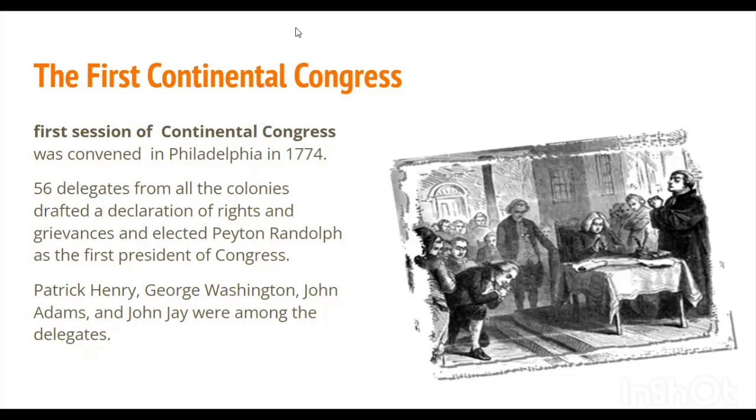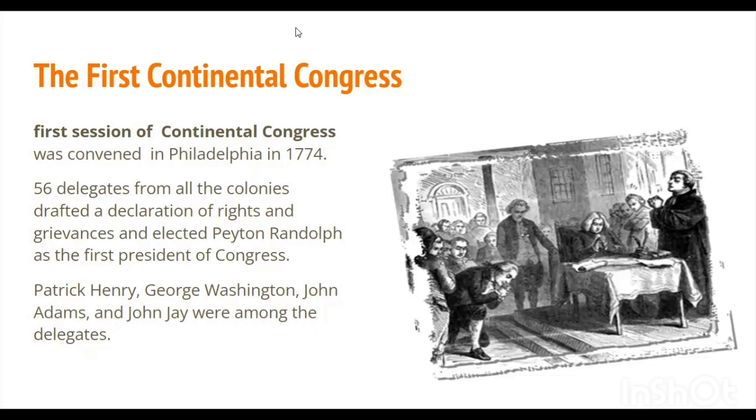And here they drafted the Declaration of Rights and Grievances. They said, what are our rights and what are our issues, what are our grievances. They made a document of it, and they elected Peter Randolph as the first president of this Continental Congress.